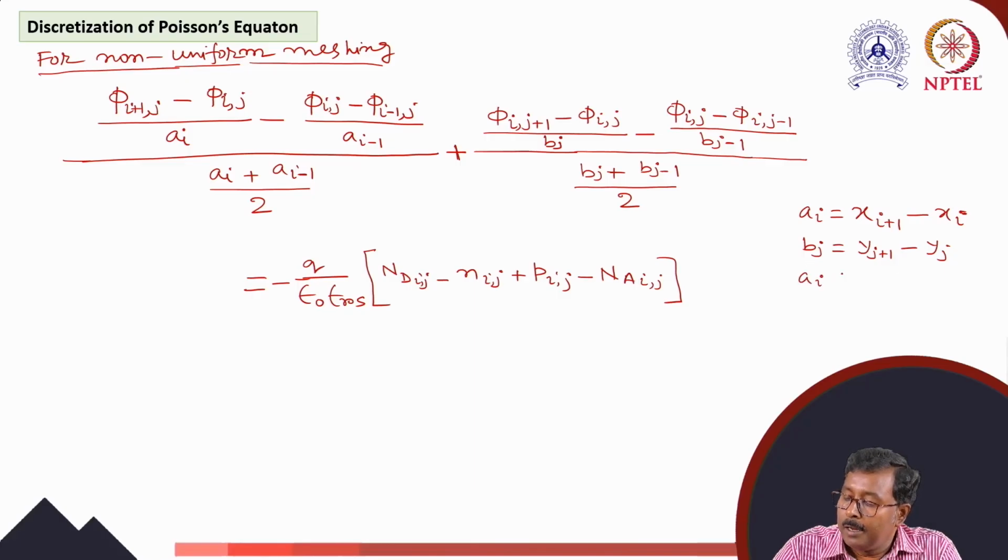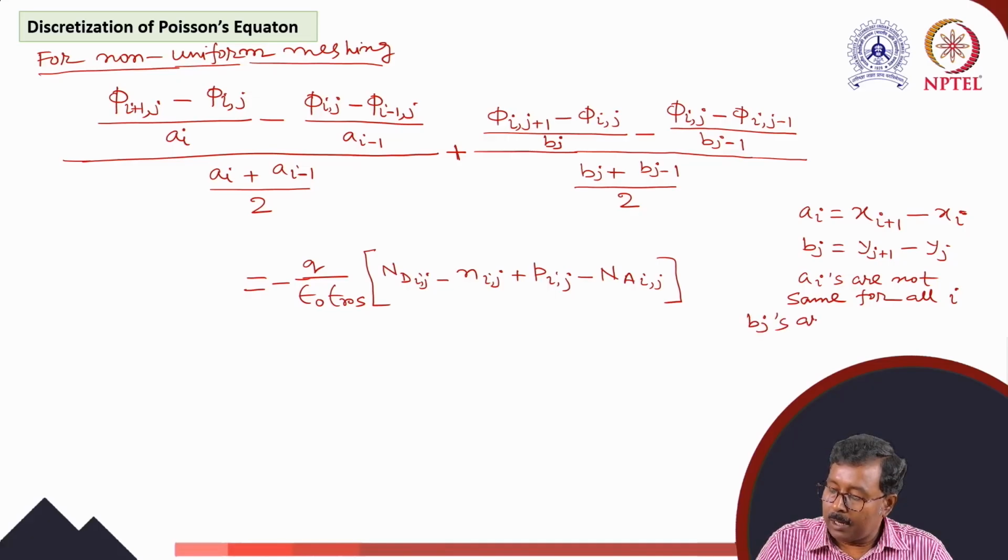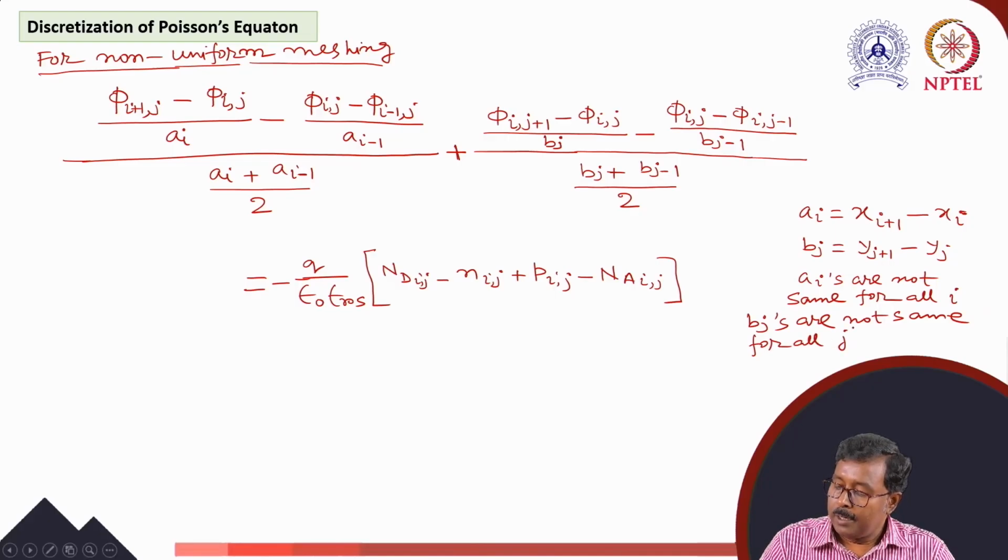a_i is not the same for all i. The b_j values are not the same for all j, because this is non-uniform meshing.